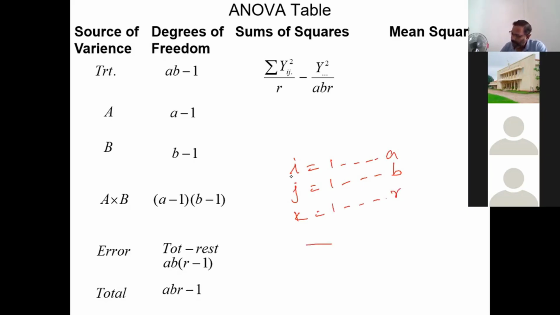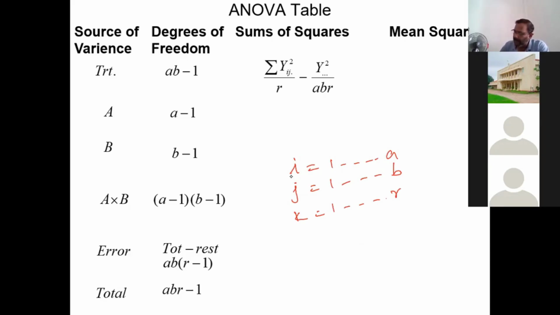For example, Y111 is the first level of A, the first level of B, and the first replicate. You have already learned these notations, and that is important at the beginning.